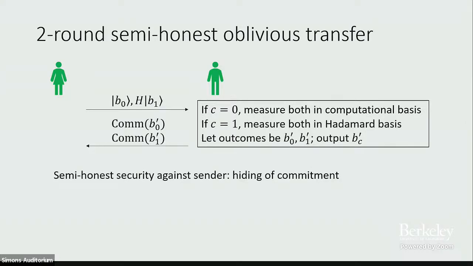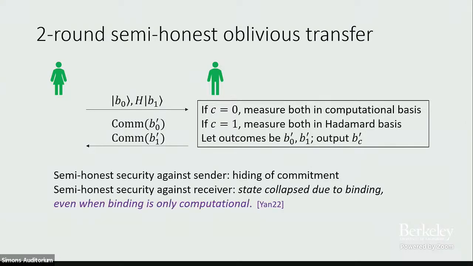So what is the issue here? If the commitments were statistically binding, then it would be easy to see that this amounts to measuring from the point of view of the receiver. But the point is that even if the commitment is only computationally binding, this is still the case.